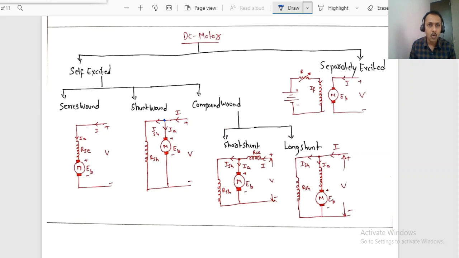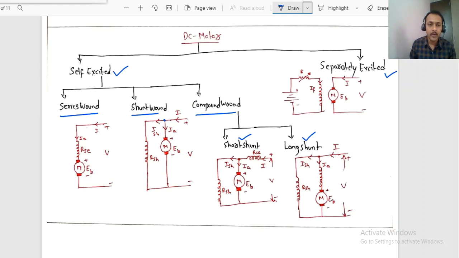Here also, depending upon the excitation, we have self-excited and separately excited. In self-excited, again, series wound, shunt wound, and compound wound. Compound wound is further divided into short shunt and long shunt.